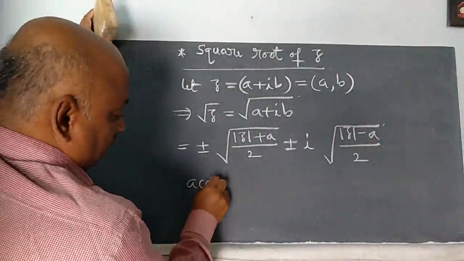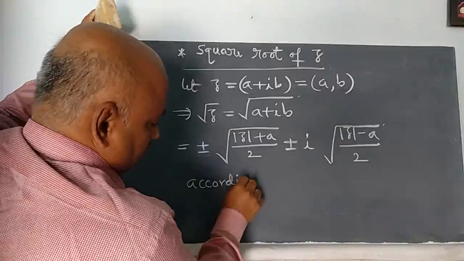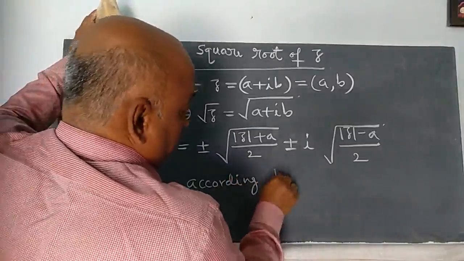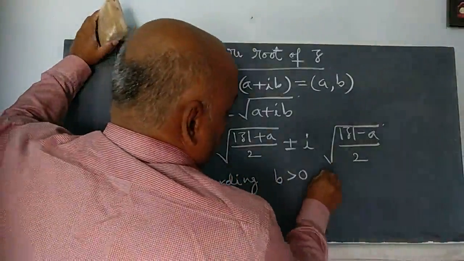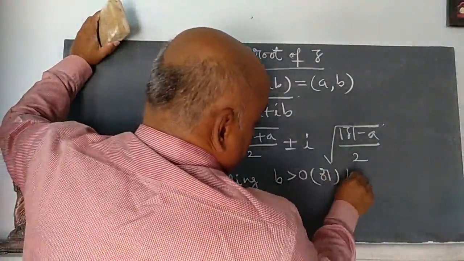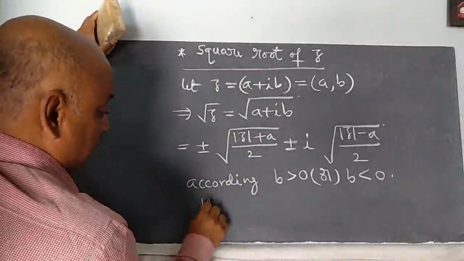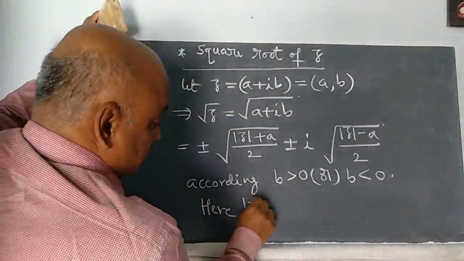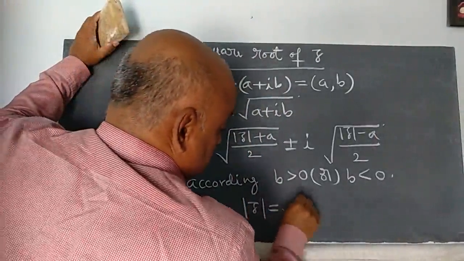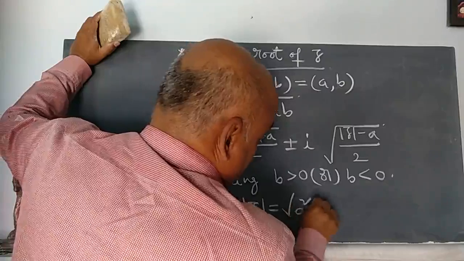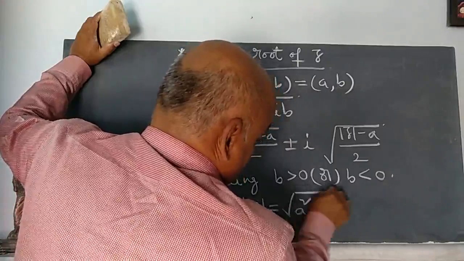According to whether b is greater than 0 or b is less than 0. Here mod z equals the square root of a square plus b square.